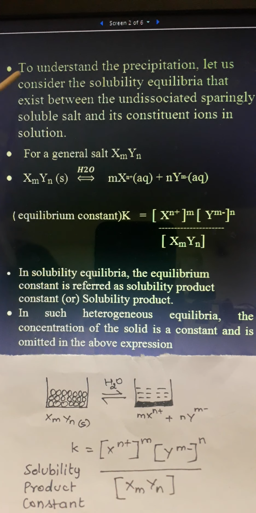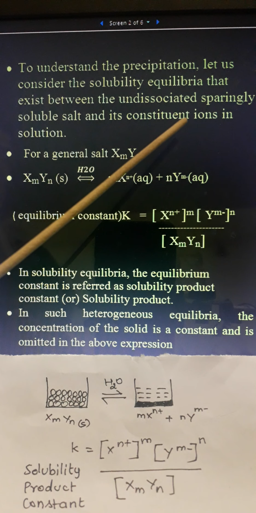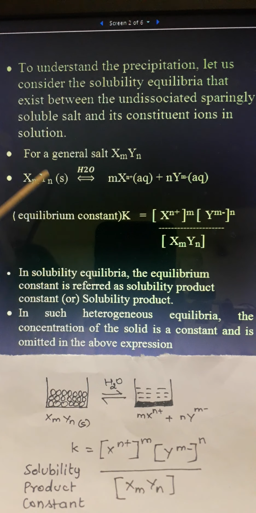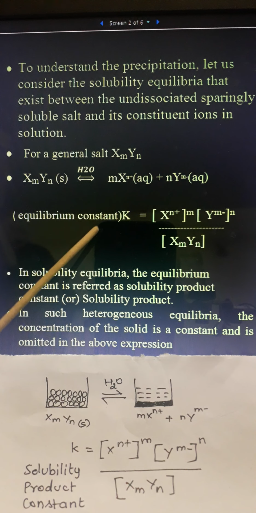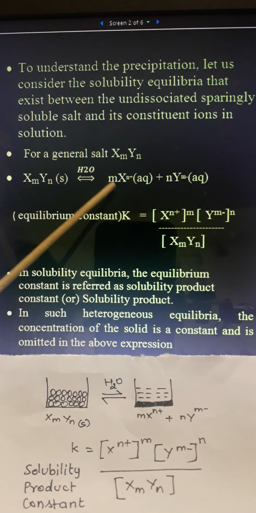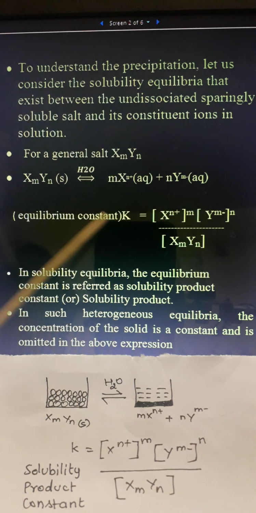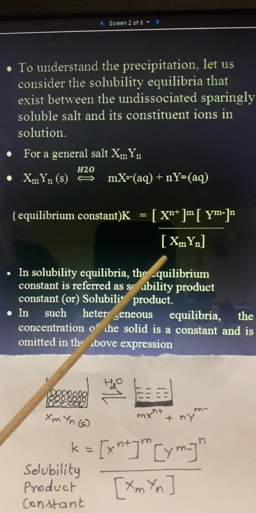Let us consider the solubility equilibrium that exists between an undissociated sparingly soluble salt and its constituent ions. The salt XmYn is dissolved in water to make constituent ions. How do we write the equilibrium constant? Product concentration divided by reactant concentration.